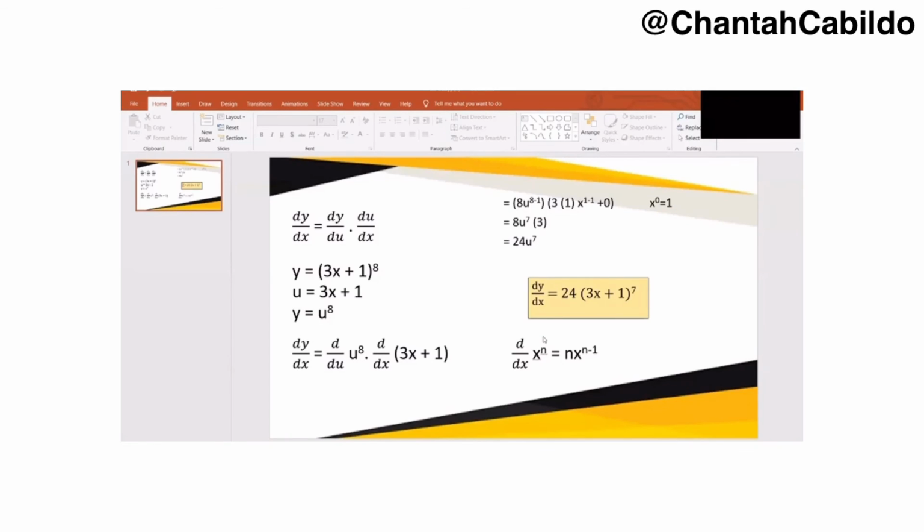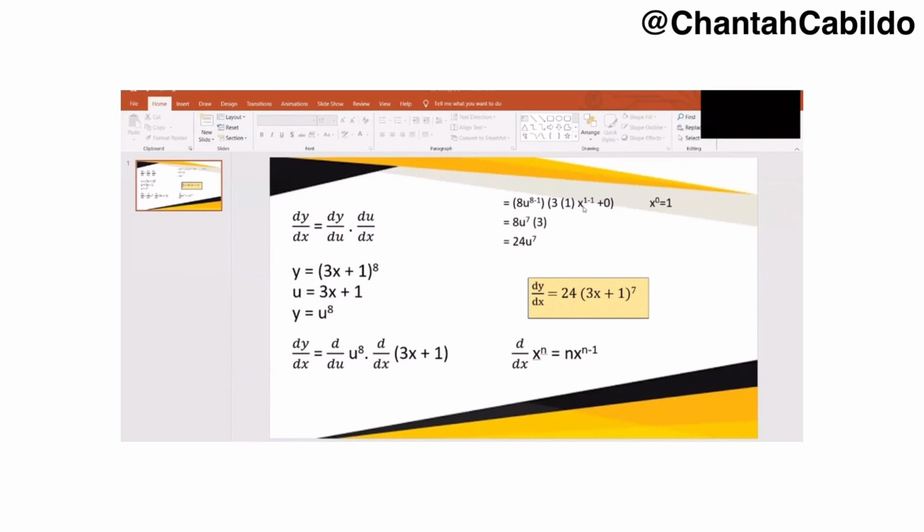Derivative of a power, we'll just take down our exponent, which is equal to 8. Then we copy our u. Then we'll subtract our exponent by 1. So we have 8 minus 1. Then we'll multiply it to the derivative of 3x plus 1. We'll bring down the 3 or copy the 3, and we have our x. Our x here has an exponent of 1.